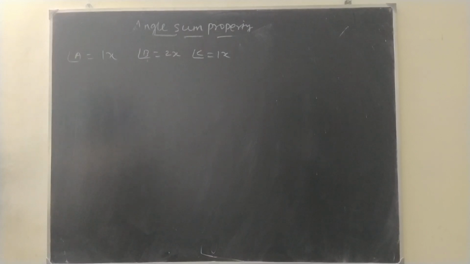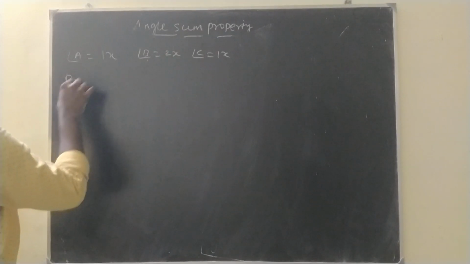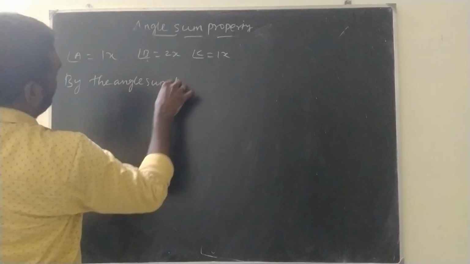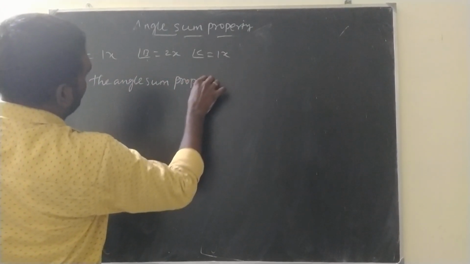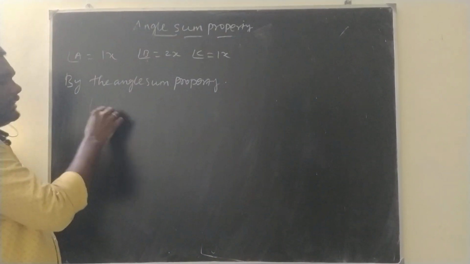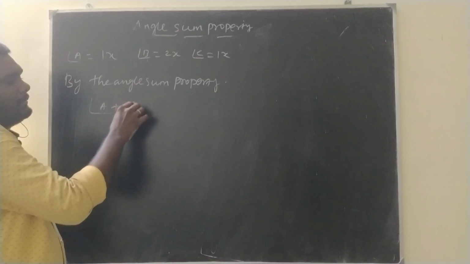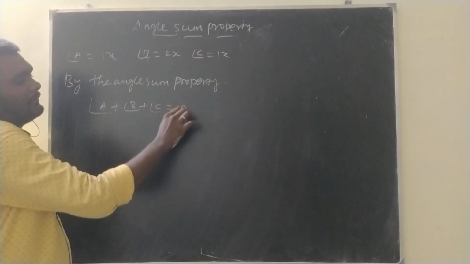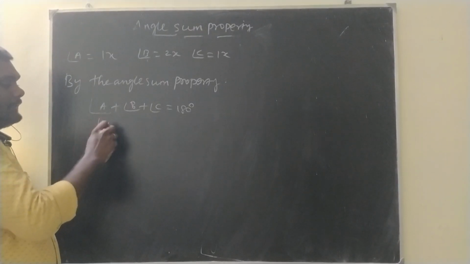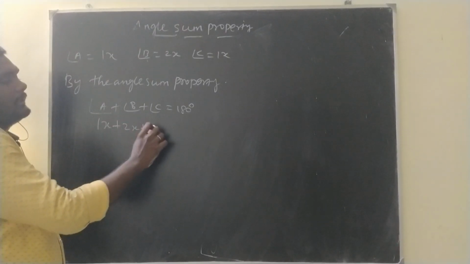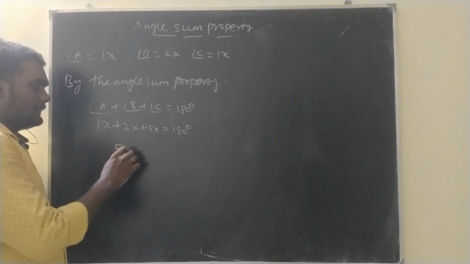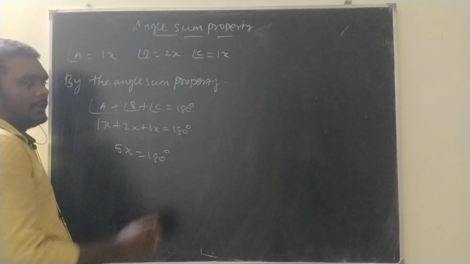And by the angle sum property, we have angle A plus angle B plus angle C equals 180 degrees. So that is 1x plus 2x plus again 1x is equal to 180 degrees. So totally 4x is equal to 180 degrees.